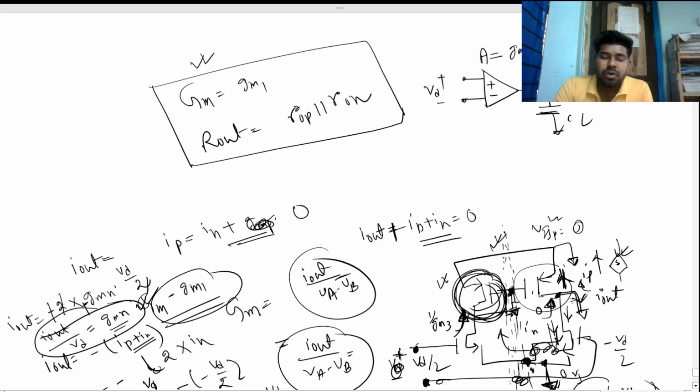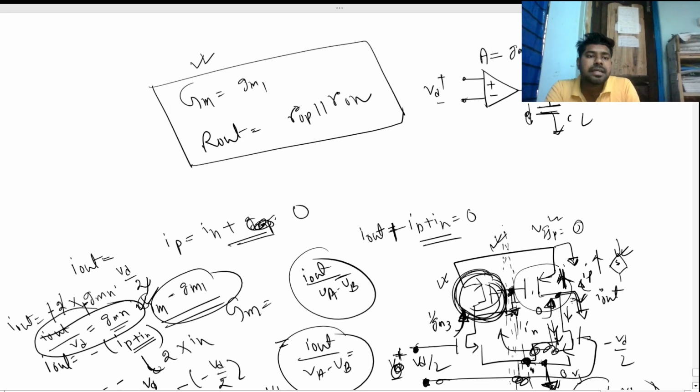For each capacitor, you short circuit the capacitor and see whether the output is zero or not. If the output is zero after short circuiting this capacitor, then due to this capacitor there is no zero. We can see that if we short circuit this capacitor, the output voltage is 0, so due to this capacitor there is no zero.